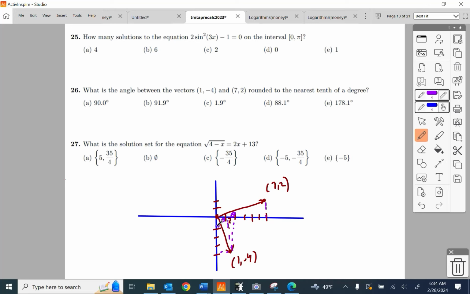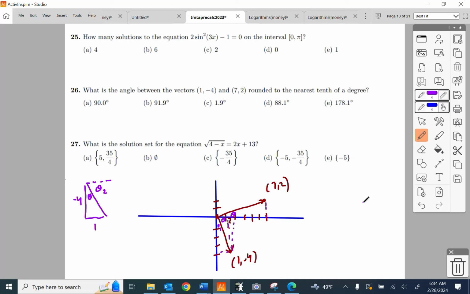So what I'm going to do is find this little angle right here. That was 4 down, 1 across. I'm going to find this angle right here. Now, notice that the angle I actually want is over here. That's the one I want, this one right here.